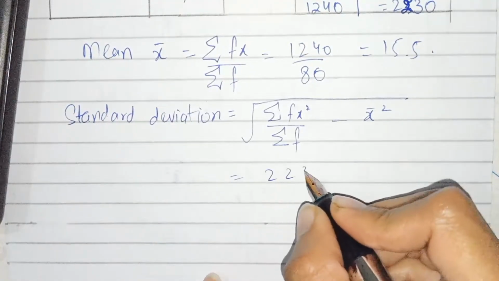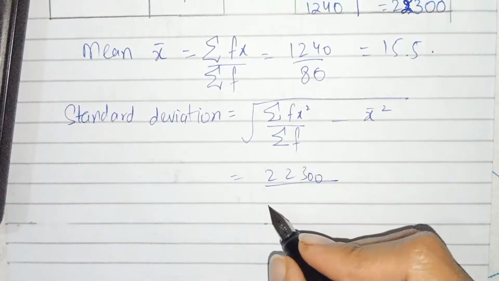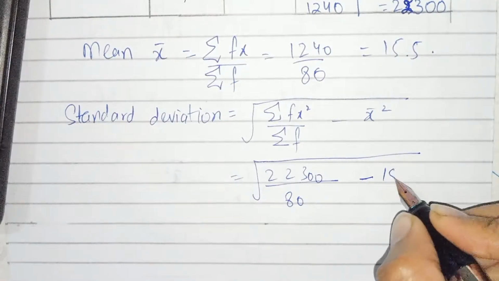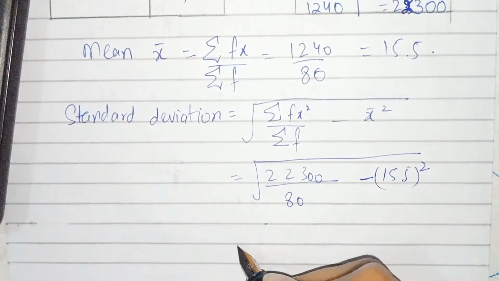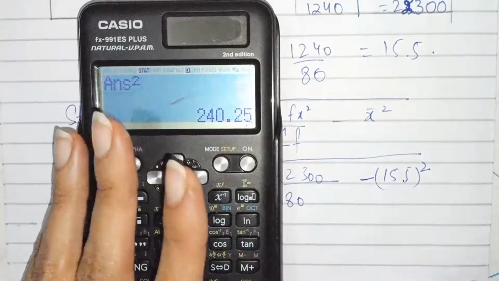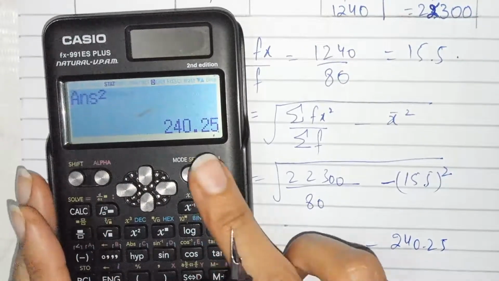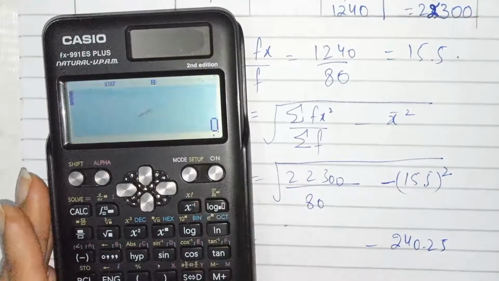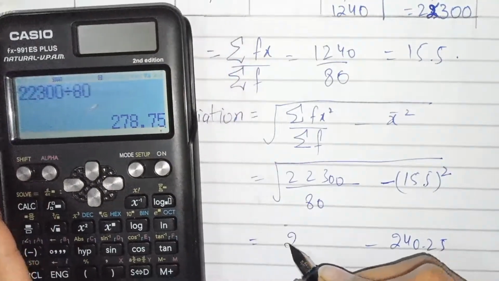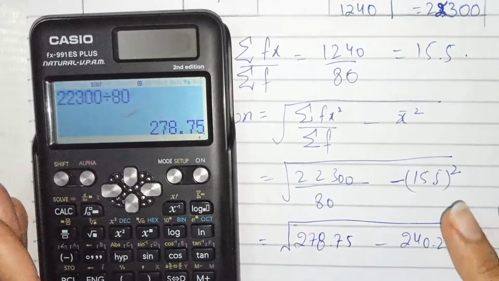We find sigma fx square is 22300, and sigma f is 80, and the value of the mean is 15.5 squared. 15.5 squared, we get 240.25, and 22300 divided by 80, we get 278.75.